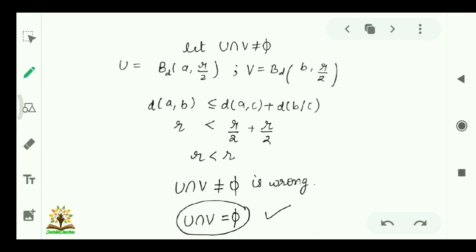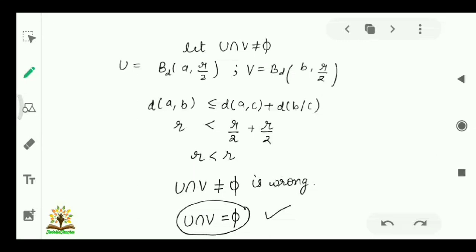And A is contained in the open ball U and B is contained in the open ball V. So from the triangle inequality of metric space, we know that the distance between the points A and B is always less than or equal to the sum of the distances from A to C and B to C. So what we get is R is less than R by 2 plus R by 2, which is a contradiction that R is less than R, as there is no number which is less than itself.